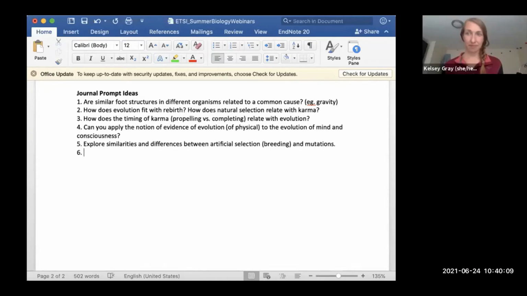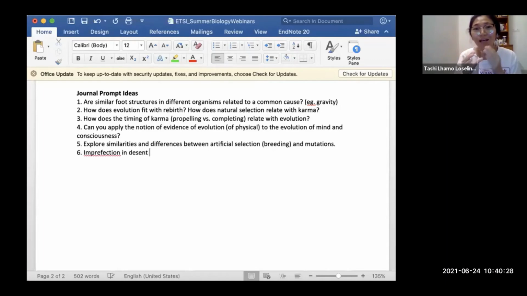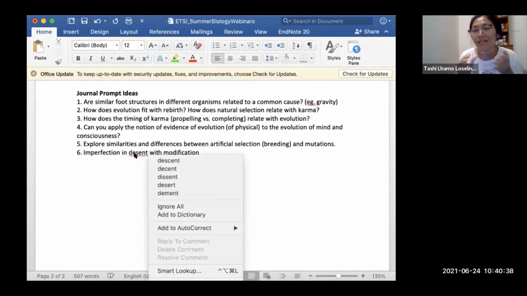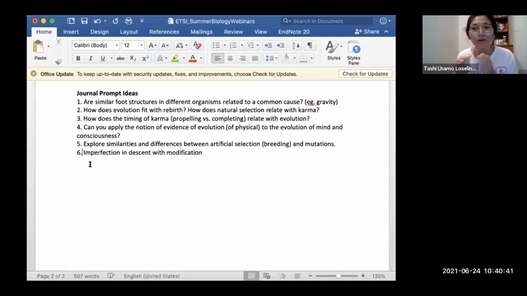During Miguel's talk, he talked about the shift of concept from Aristotle to the present-day evolution, which talks about descent with modification, and he also talked about how imperfect species are. So Calvin was asking how this concept makes sense in the students' own understanding. The question could be: what do you understand by imperfection in the species, or descent with modification with imperfection? Something like an open-ended question.